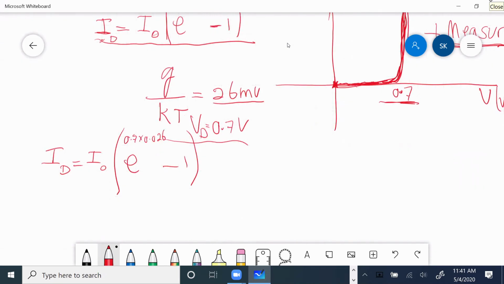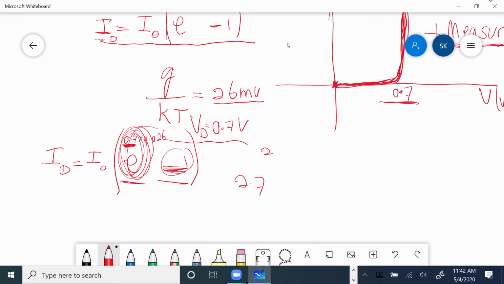But my point being, if I just increase the voltage from 0.7, say to 1 or 1.2 volts, then this exponential term will so overwhelm the minus 1. It is massive because it's 2.7 to the power of whatever value. So we can forget the minus 1, which is negligible in comparison.